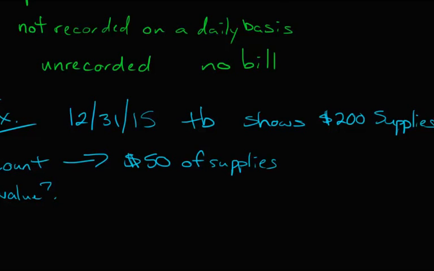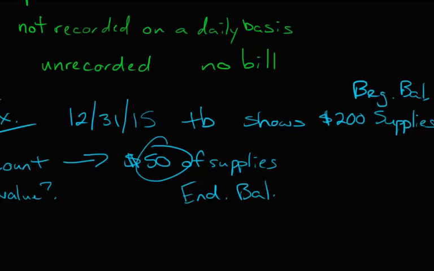Okay, so we can think of the 200 as our beginning balance, and then we can think of the $50 as the ending balance. Now we just have to figure out what happened in the middle and make an adjusting entry to record what took place.